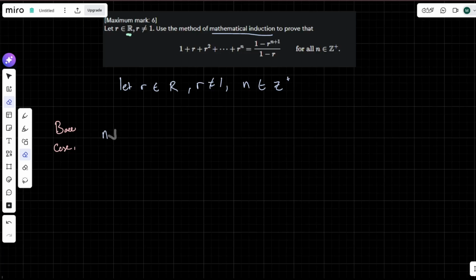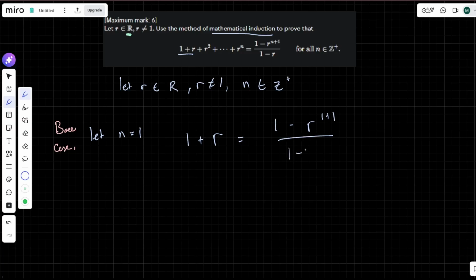So we're going to let n equal 1. And when n equals 1, we're going for basically 1 plus r as the left-hand side, right? Because that's the setup here. This should be equivalent to 1 minus r to the power of 1 plus 1 over 1 minus r.